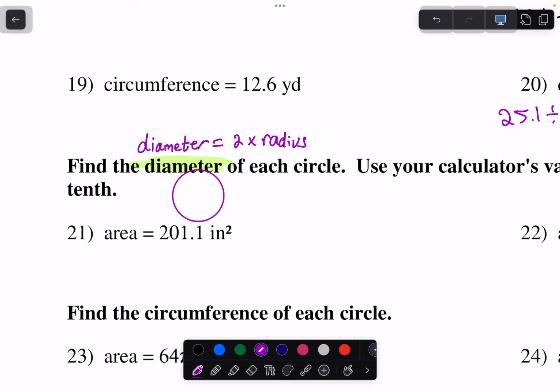But if we have the center marked, remember that was a radius, that was a radius, but this whole thing is a diameter. So 2 radiuses make a diameter. So mathematically speaking, usually they use the variable d for diameter and r for radius, so d equals 2r. That's a common way to write it as well. The diameter is 2 times the radius.